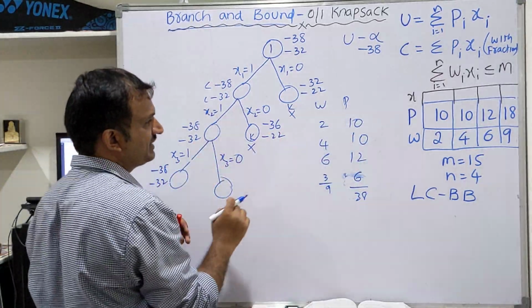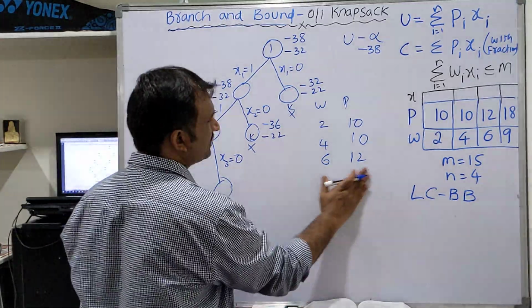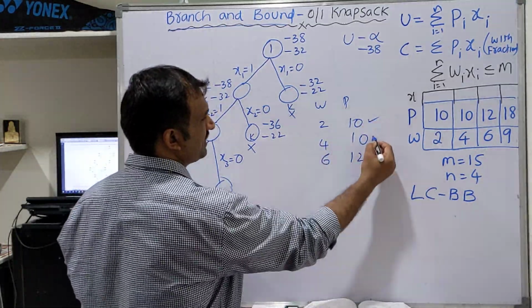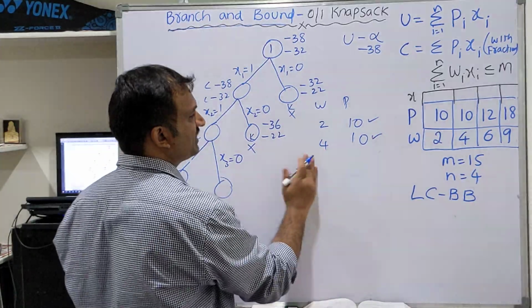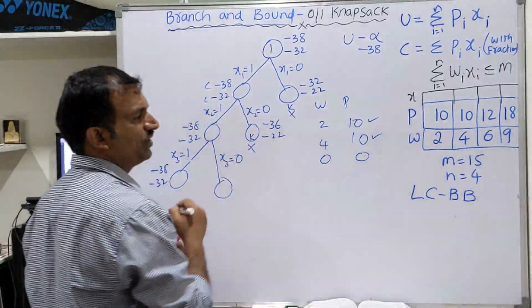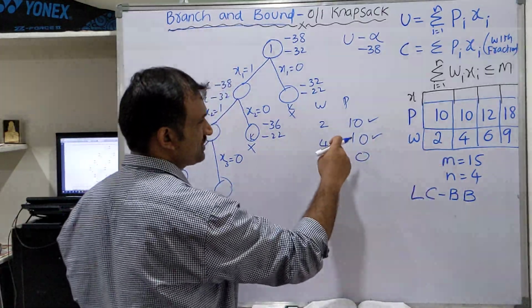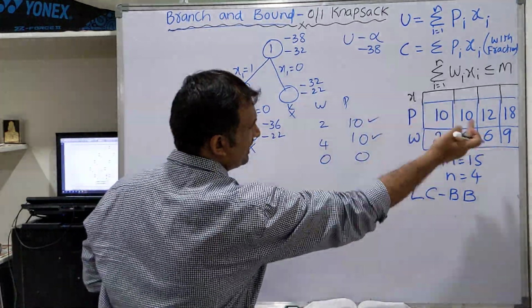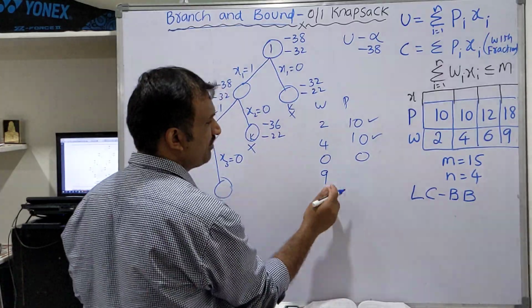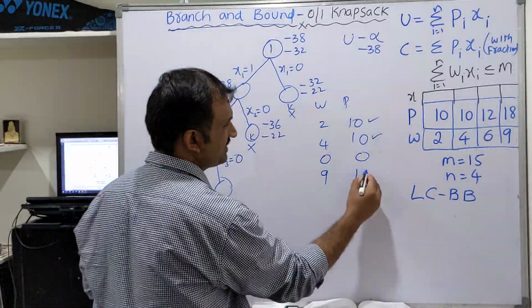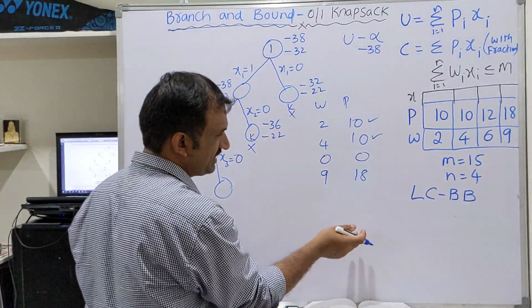Now don't consider the third weight. Consider the first item, consider the second item, don't consider the third weight. When you don't consider the third weight, what remaining weight can be filled out of 15? 6 is already completed. The remaining weight is 9, so the 9 can be filled perfectly and the profit is 18. Do we have anything further?